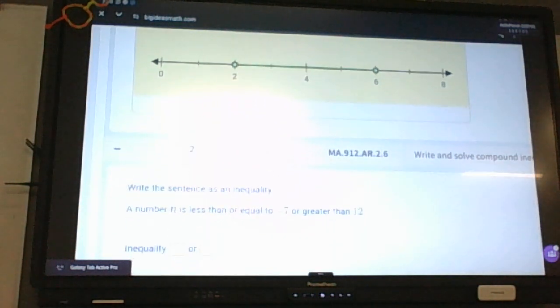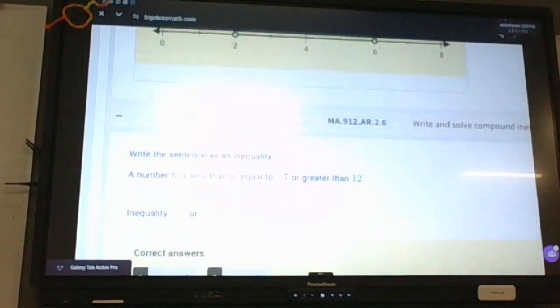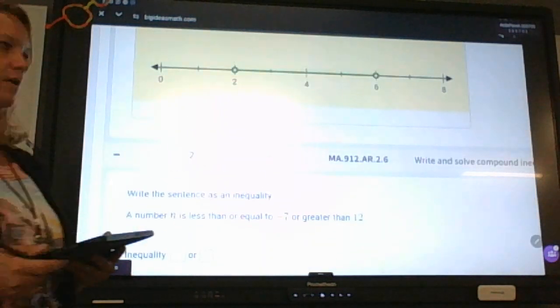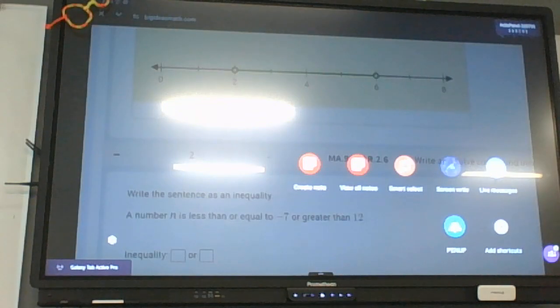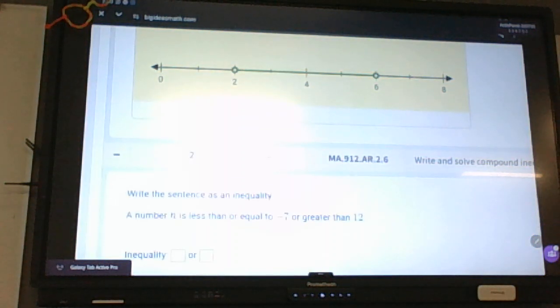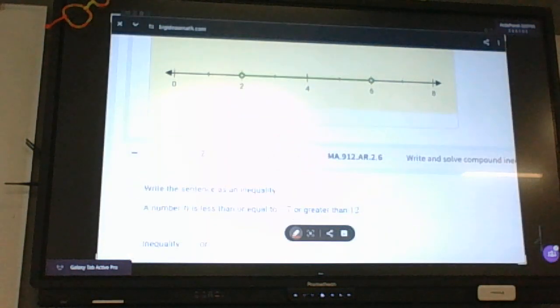All right, now notice that number 2 uses the word or and not and. So for or, the arrows are going separately. So we're going to have to write 2 separate ones. The indicator that we have to write 2 separate ones is this word or.